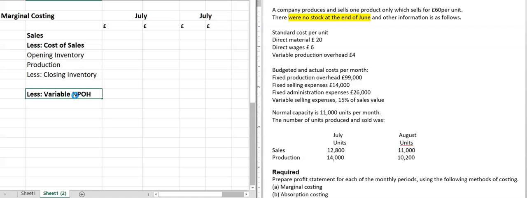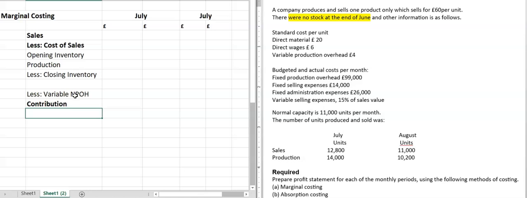Then after you less that, you will arrive at the contribution. Contribution, you can learn it in another video. So I have posted that, or I will be posting it, on how to calculate the contribution and what it is about.